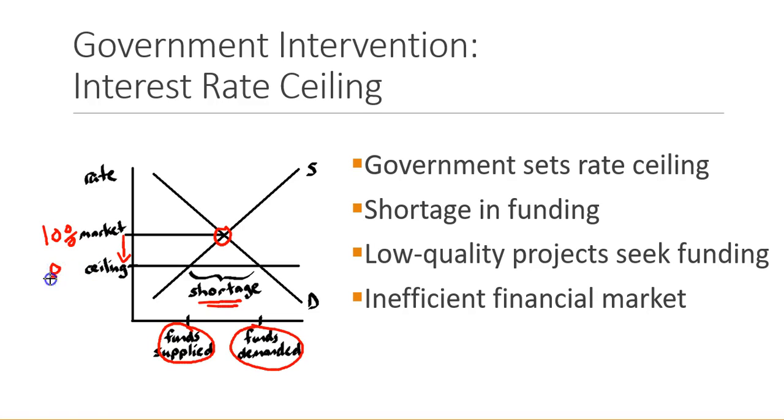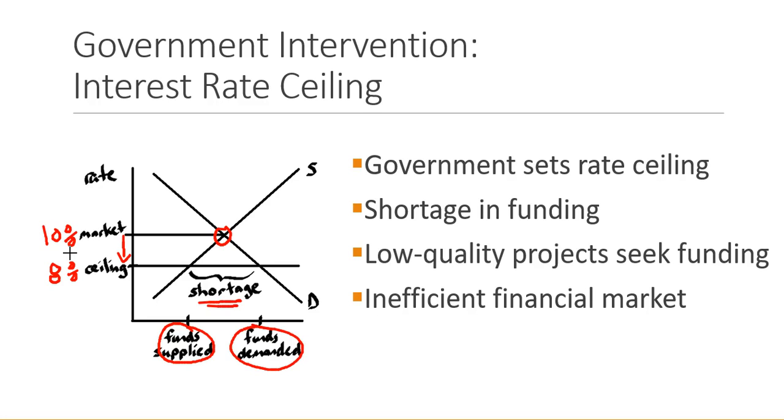Let's say the ceiling is set at 8%. And so now, let's take a project that has a projected return of 9%. For a company who has a 9% investment return opportunity, an 8% loan looks great. The financial leverage will work in their favor.